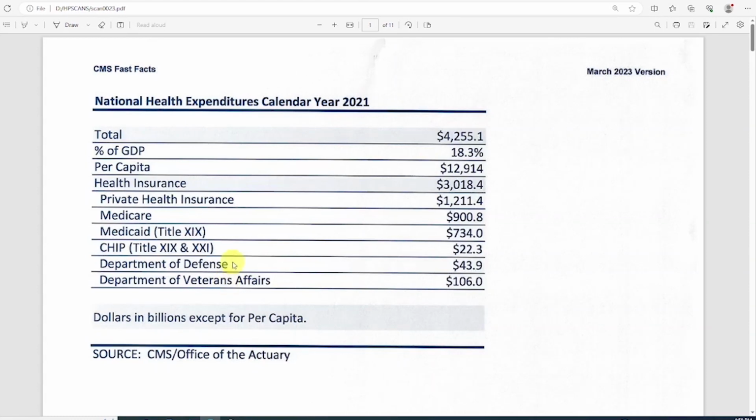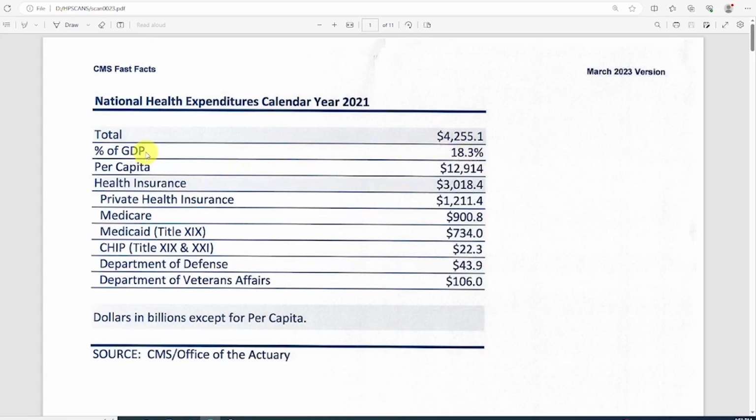Let's get started. Here, what we're looking at is a chart discussing, for 2021, the total monies contributed to the economy. We are to say it was $4.2 trillion, which made up 18.3% of the US GDP.